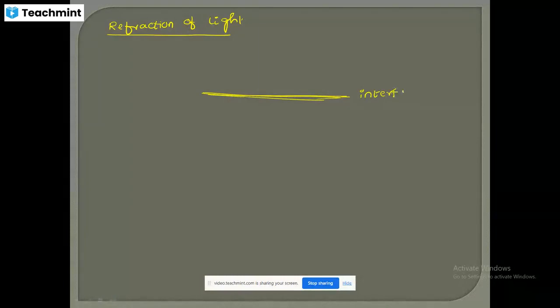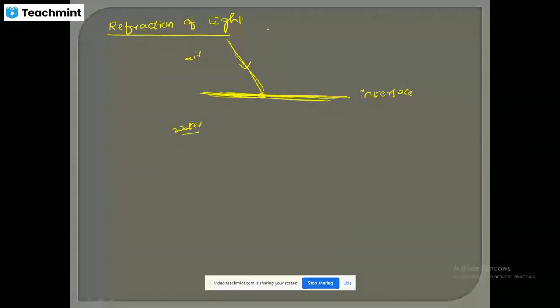The interface is a line that separates the two mediums. For example, this is the air medium. From the air medium, light comes and falls on the surface, and after the interface it enters another medium, for example water. Whenever the light enters from air to water, the light gets bent.